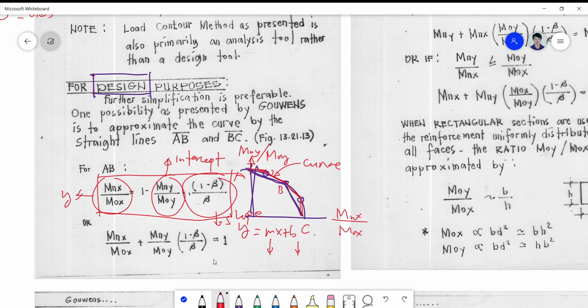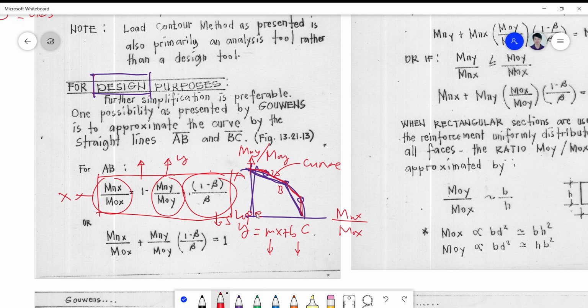This is your x, and this is your y value, and the intercept is dimensionless.